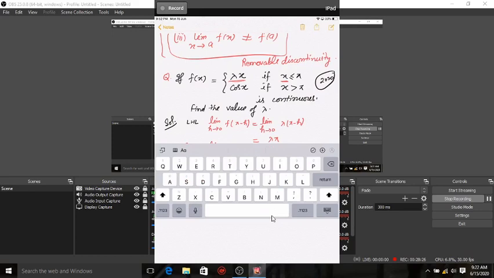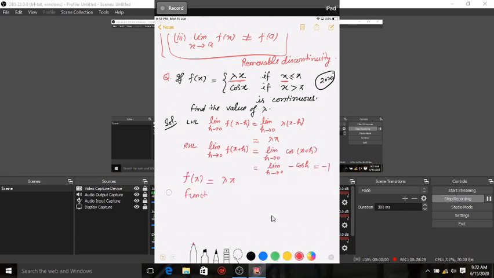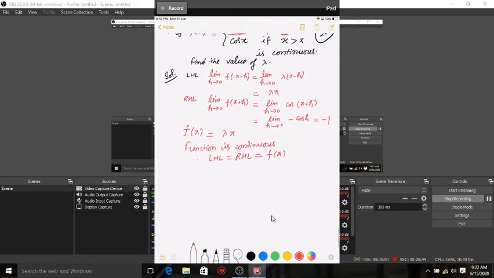And this function is continuous. Therefore, left hand limit is equal to right hand limit equal to value of the function at pi. So left hand limit is lambda into pi, right hand limit is minus 1, and value of the function is also lambda pi. So value of the lambda is minus 1 upon pi. So this is the answer.